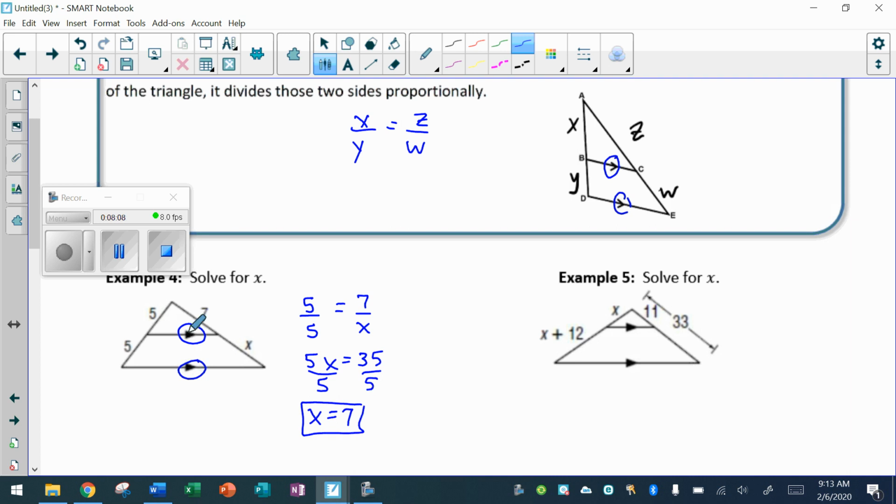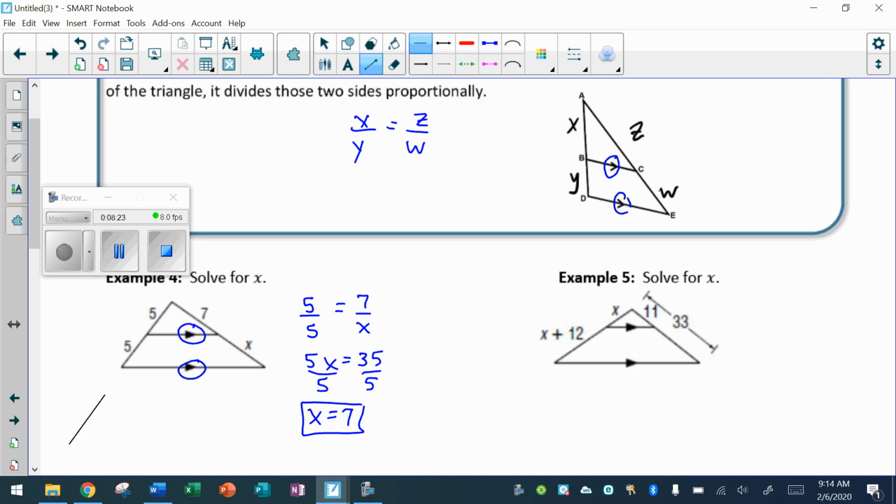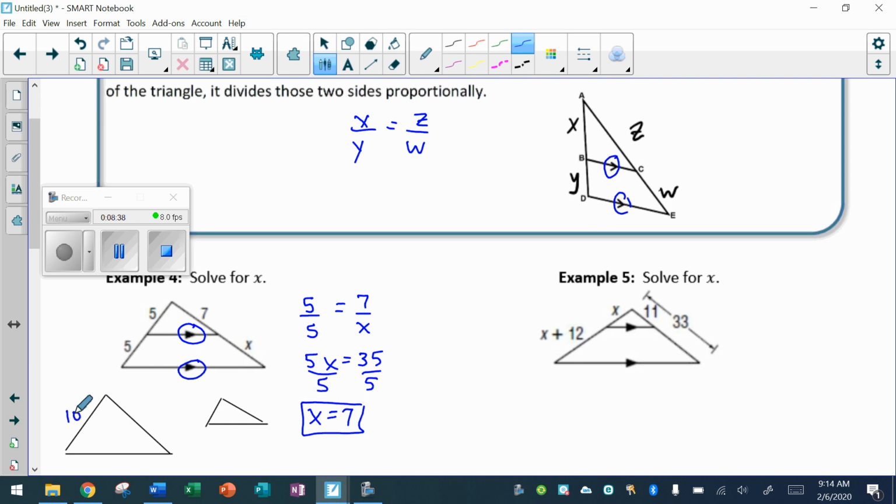But Mrs. Lenhard, if they're parallel, couldn't I draw them as two separate triangles? Oh, you can always draw them as two separate triangles. So if I have a triangle here, which represents the big triangle, and then I have here, which represents the small triangle, can I write a proportion where 10 is to 7 plus x as 5 is to 7?